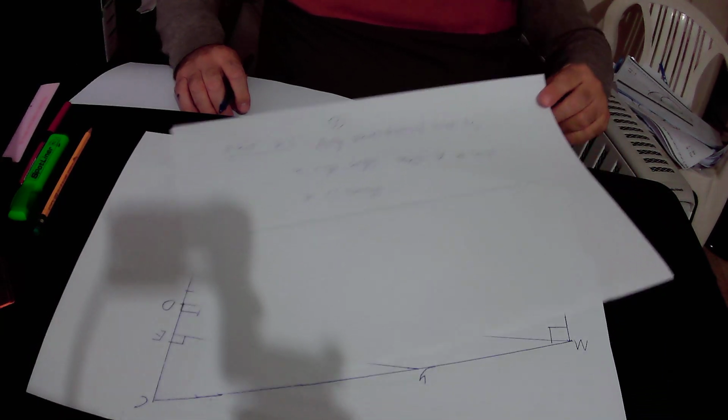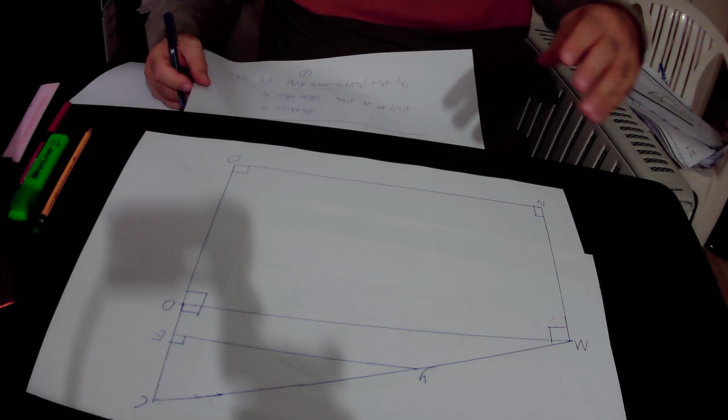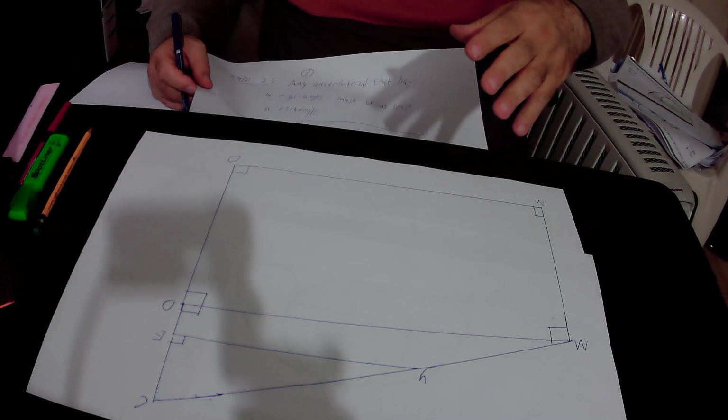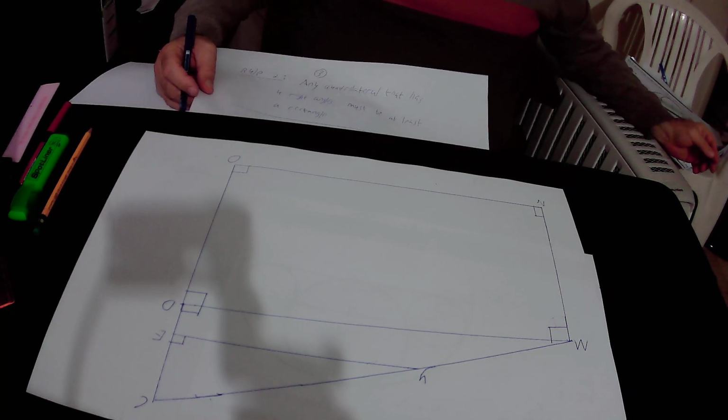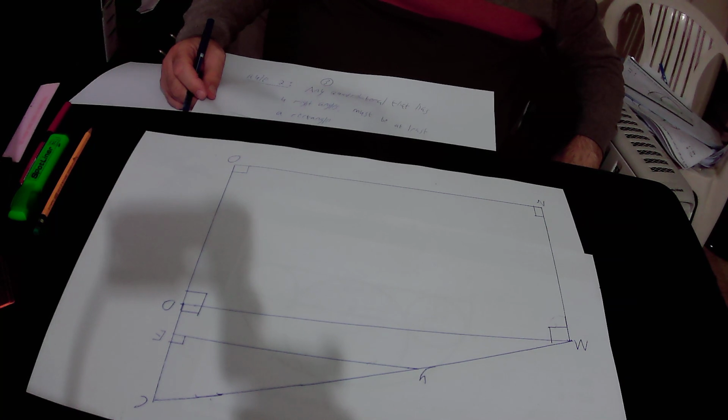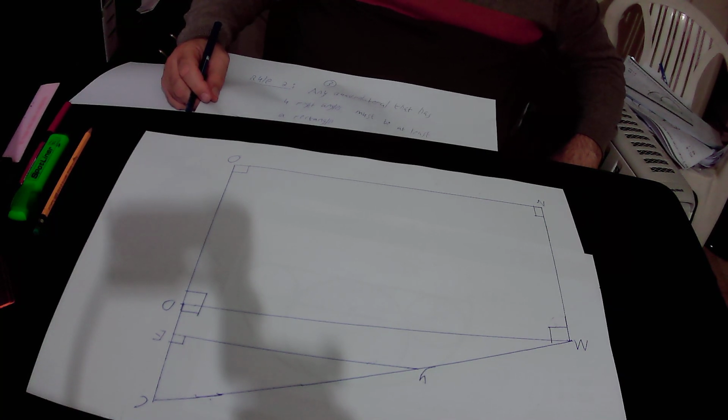Therefore, quadrilateral MNDO must be a rectangle if not a square. Okay, it either could be a rectangle or a square. So we will consider it as a rectangle.